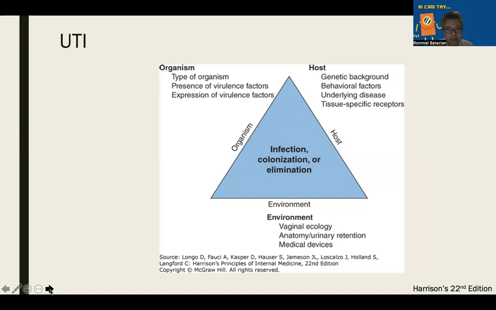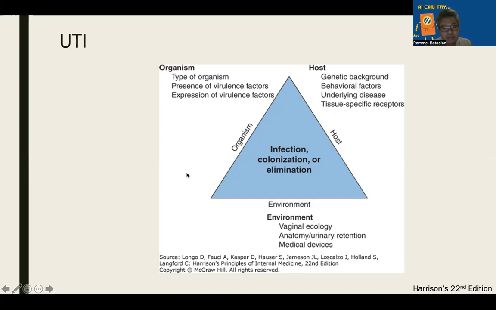For the elderly, it's because of the increasing frequency or prevalence of benign prostatic hypertrophy, which makes them predisposed to urinary tract infection. But in the middle of it, females would be much more common because of the close proximity of the rectal anal area and the genitourinary area.